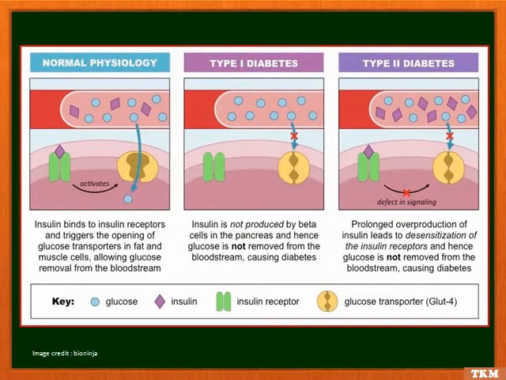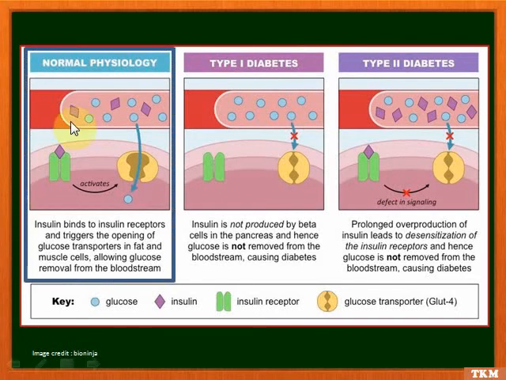So this is a simple figure which lets us understand what happens normally in the body, and what happens in type 1 diabetes and type 2 diabetes. In this figure, the blue circular things are the glucose, the purple thing is the insulin, the green color is the insulin receptor, and the yellow color is the glucose transporter.